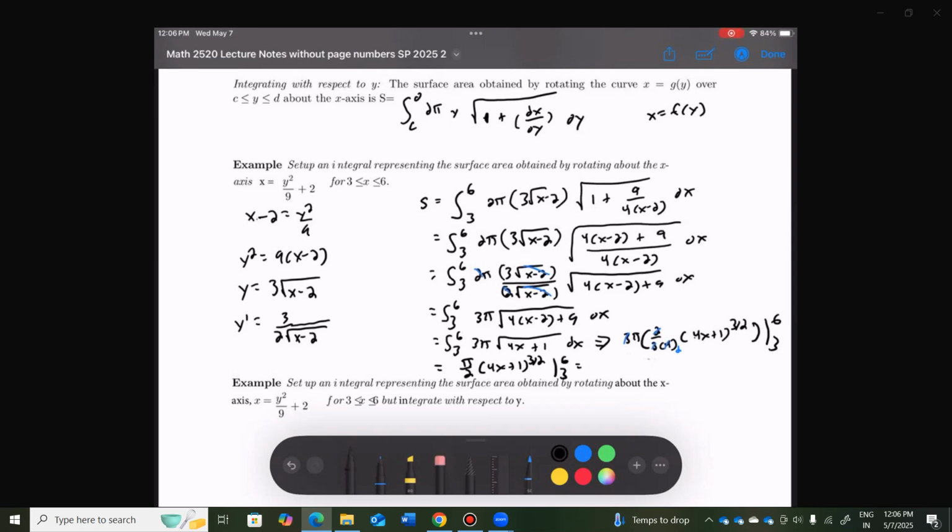So pi over 2, 4 times 6 plus 1 to 3/2 minus pi over 2, 4 times 3 plus 1 to 3/2. And this is going to equal 122.72.